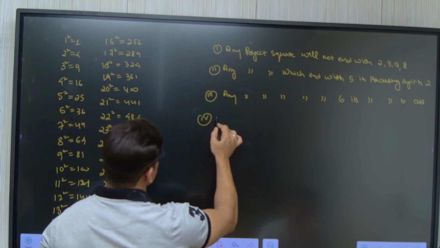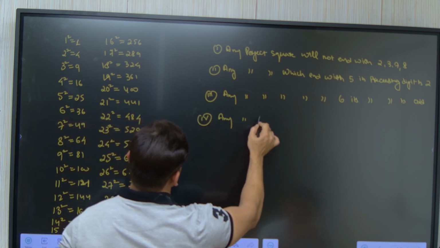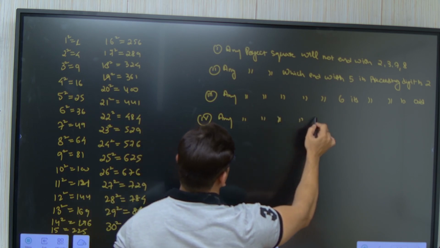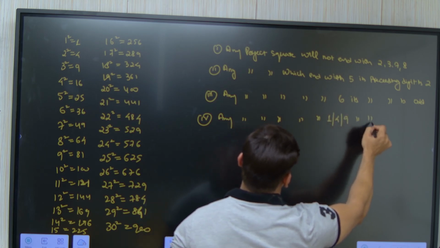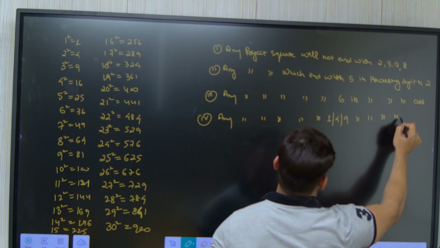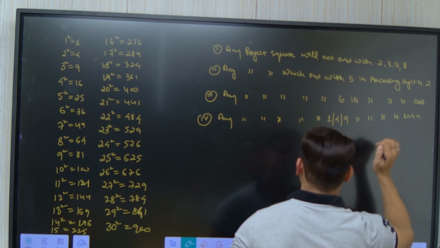Fourth, if there is any perfect square which ends with 1, 4 or 9, its preceding digit is always even.